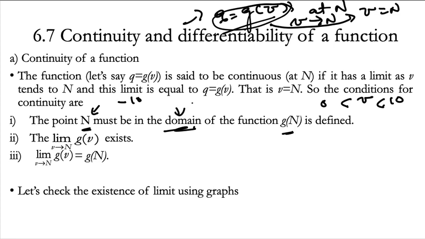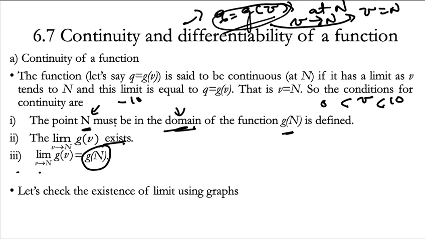The second is that at point n, the limit of q as a function of v as v approaches n must exist. That means the limit on the left hand side and the right hand side must exist and equal a certain value, let's say L. And the third is that this limit, as v approaches n, equals the function value at n.